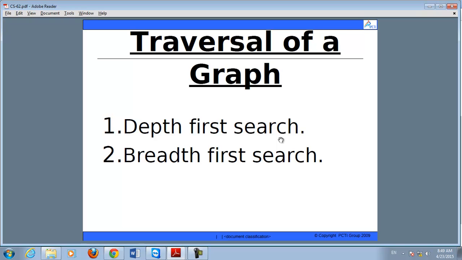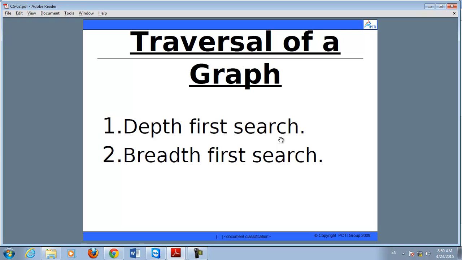Next is traversal of a graph. As we already discussed tree traversal, traversal means visiting each node at least once in a tree or in a graph. In trees, we have read about pre-order, in-order and post-order traversal.